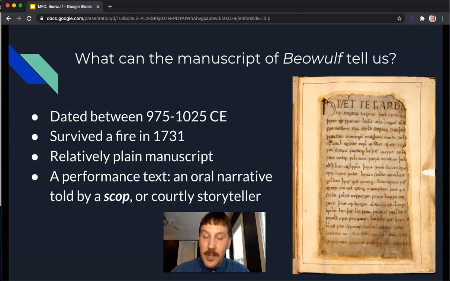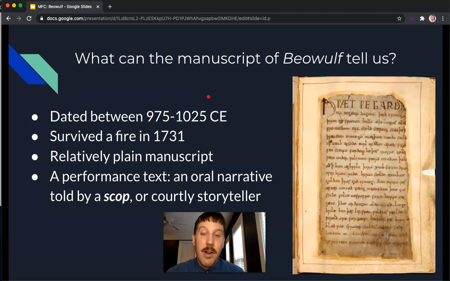Okay, so when you're back, once you've done that, I want to see what the manuscript of Beowulf can tell us. Well, we know that this manuscript comes from the time period somewhere between 975 and 1025 CE. People can date manuscripts using carbon dating, using the style of script that scribes are writing in. All of that helps to establish a certain time period of a manuscript.